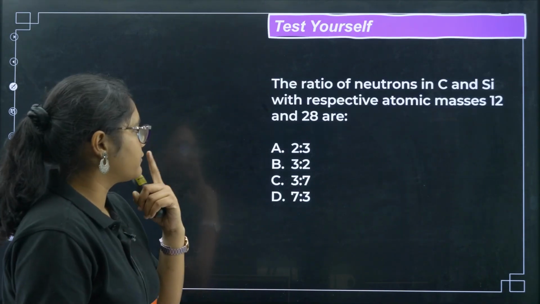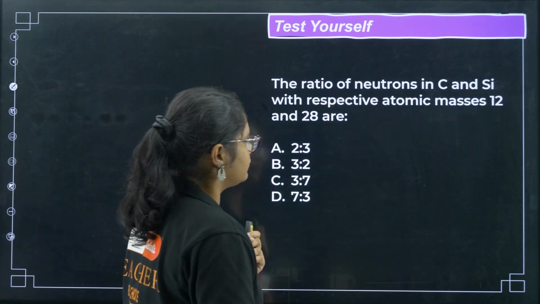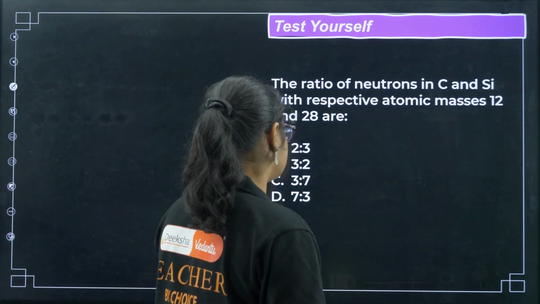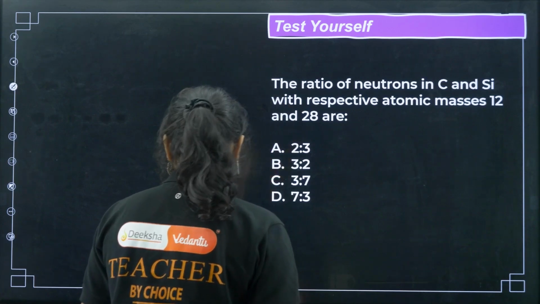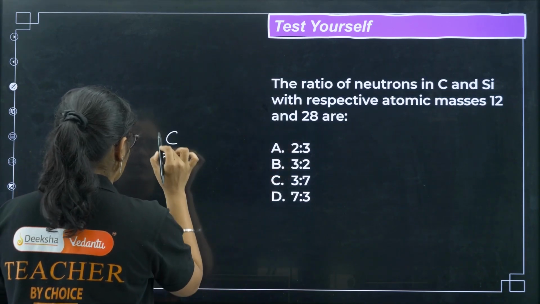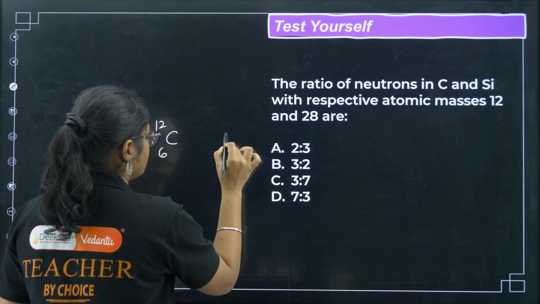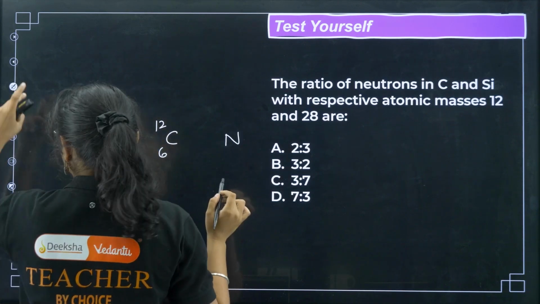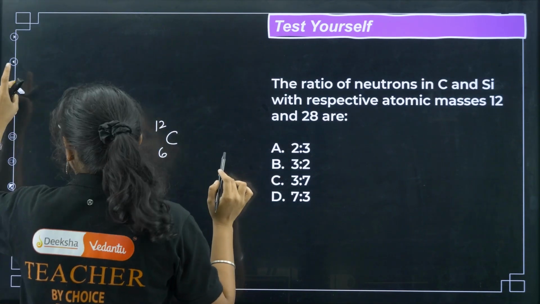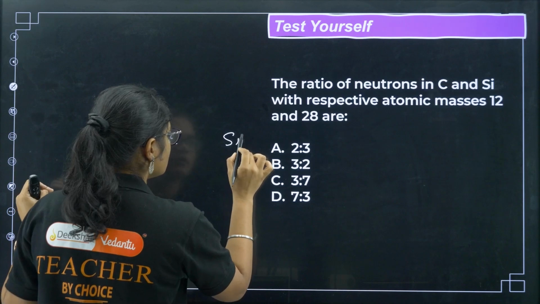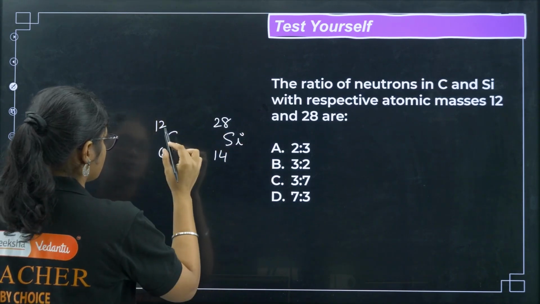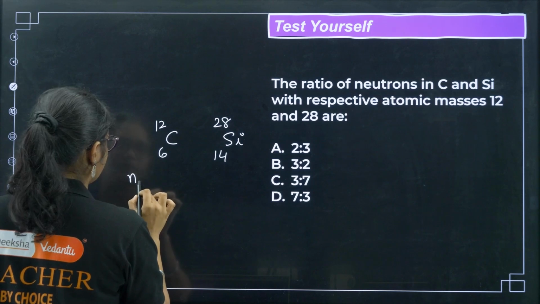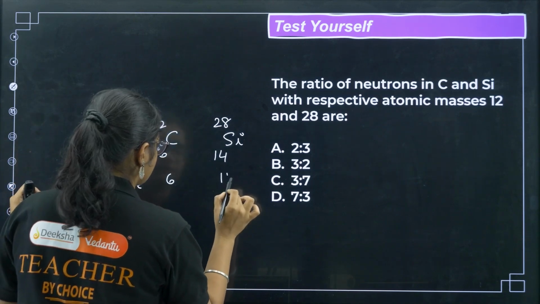This was the homework question that I gave you. The ratio of neutrons in carbon and silicon with respective atomic masses of 12 and 28 is. So we have carbon and silicon, right? Here we have number of electrons as 6 and here 14.